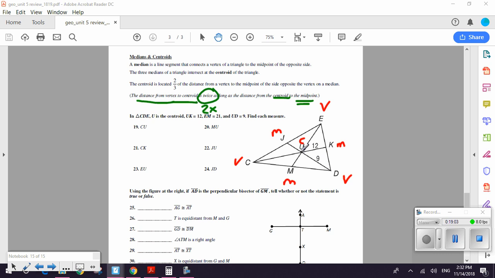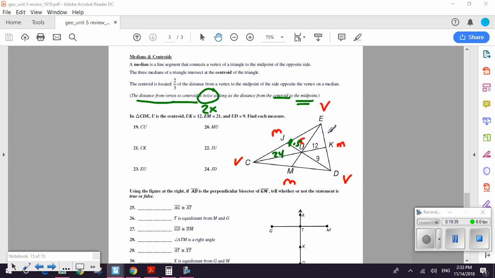So the distance from U to J should be half of 9. So that means 4.5. I also have a distance from U to K. U to K is 12. And that's from centroid to midpoint. So if I double that, I would have C to U. So that's 24.